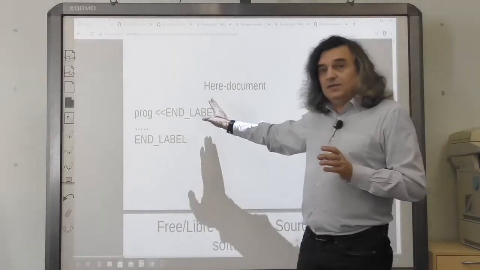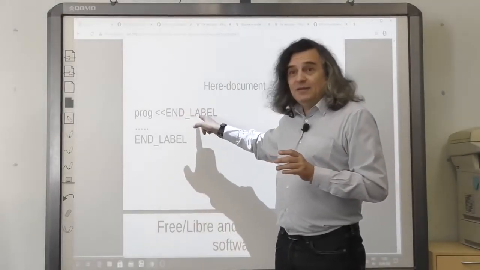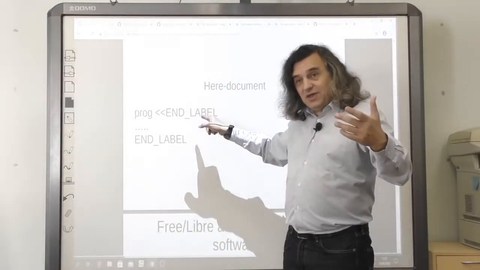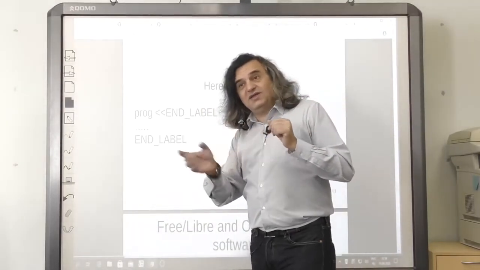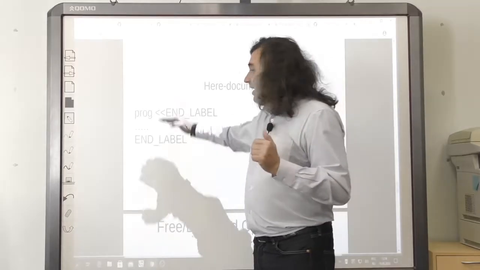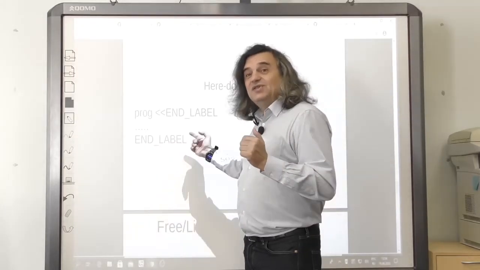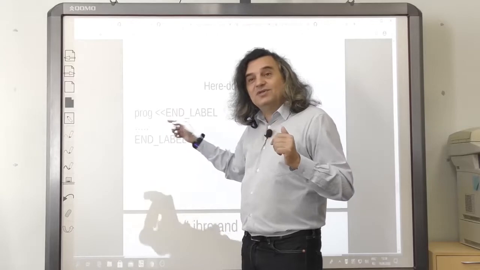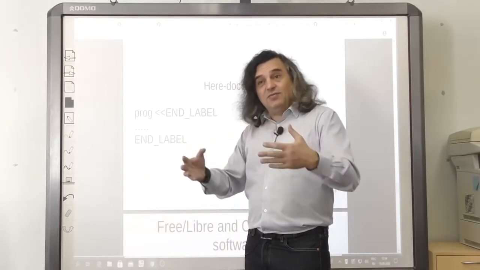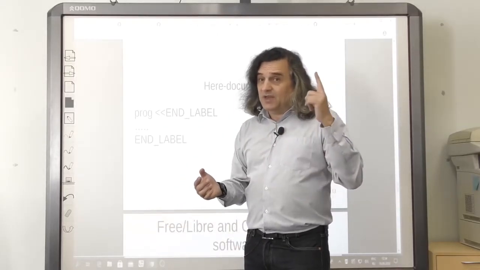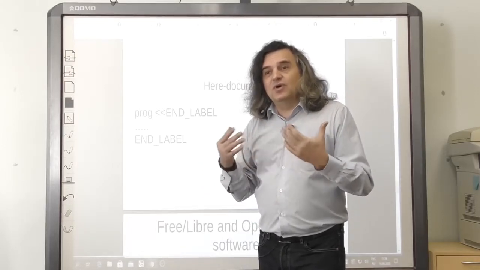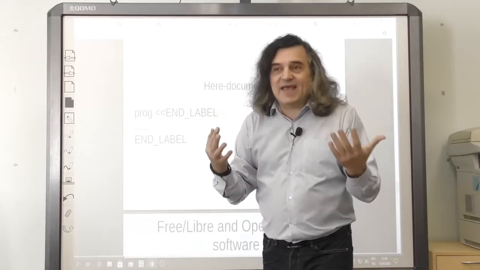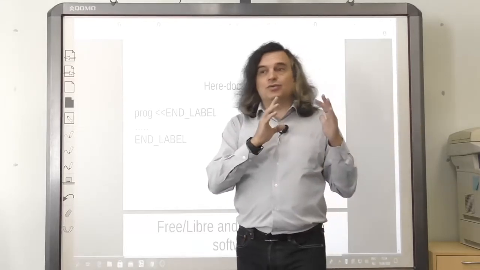After the double less than, some label is placed, an end label in our case, and all text from the next line to the end label is sent to the program's standard input, as if from the keyboard. Be careful. In some older shells, this sequence of commands expects exactly what you wrote.